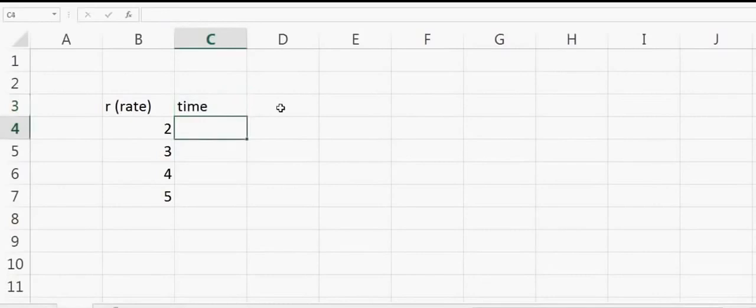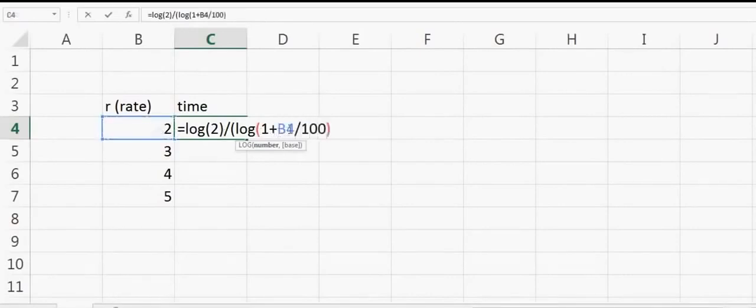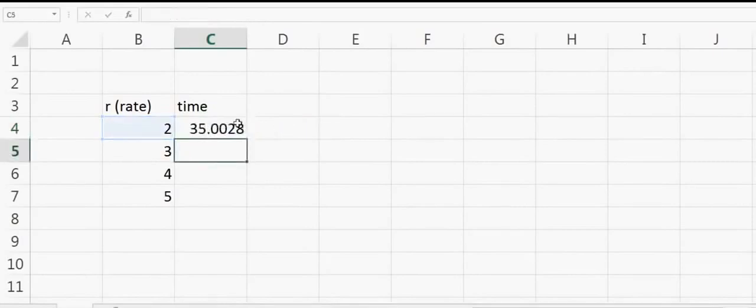So time should be equal to, as we calculated before, log of 2 divided by log of 1 plus R divided by 100, because this is in percentage. So it says 35 years.